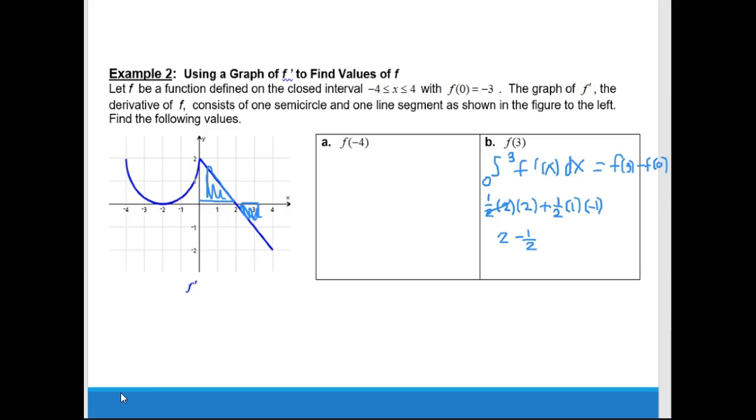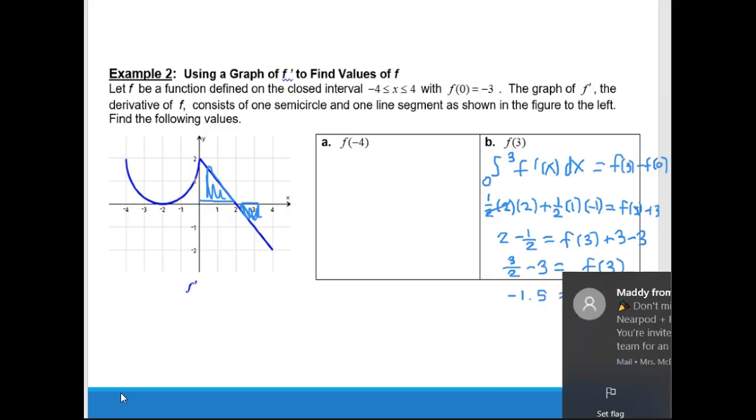So that makes the total area or net change from 0 to 3, 3/2. And then taking into account f of 3 minus my initial condition of negative 3, which is kind of like a plus 3. So you're going to subtract 3 from 3/2. So f of 3 is equal to 3/2 minus 3, or negative 3/2.